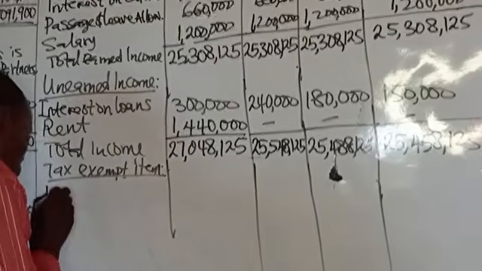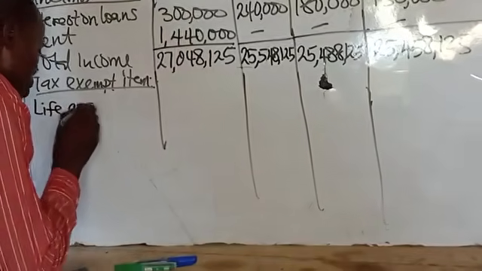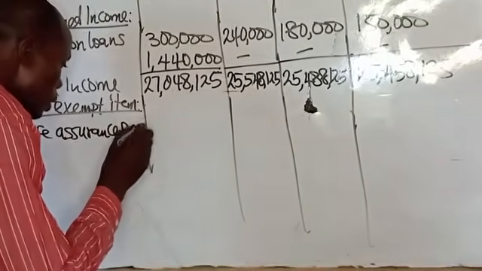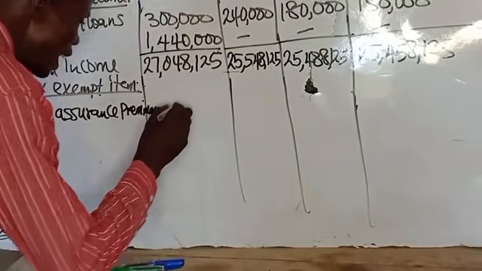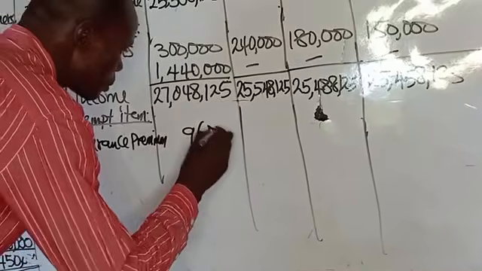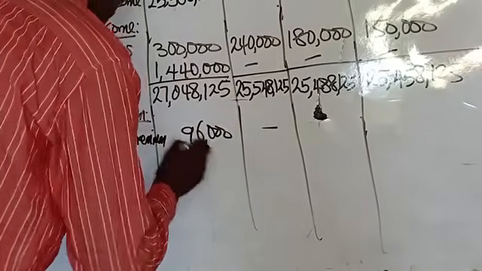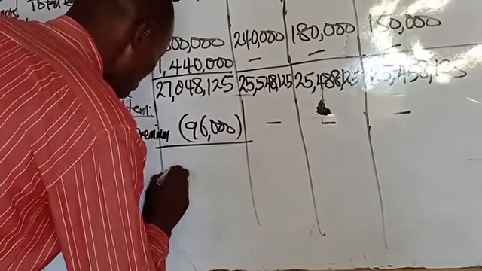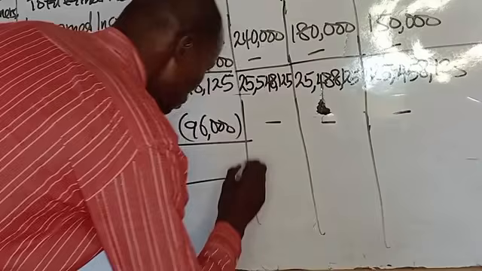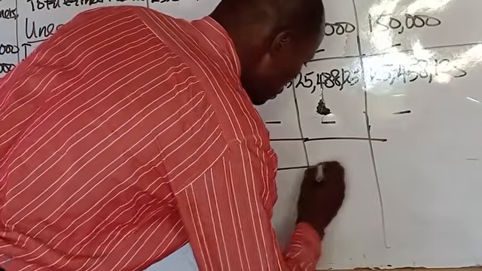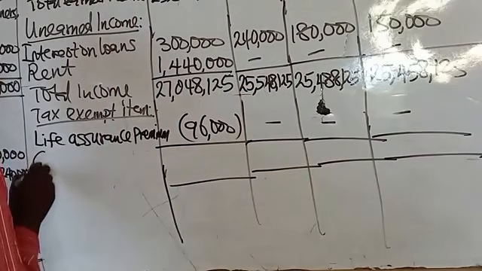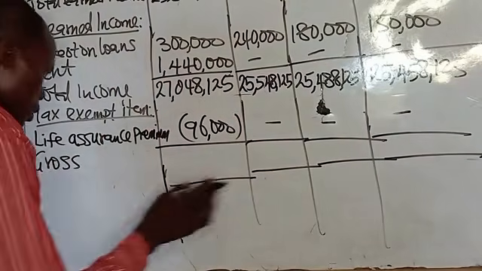Life assurance premium, that is Fadike, 96,000. So we now have gross income.